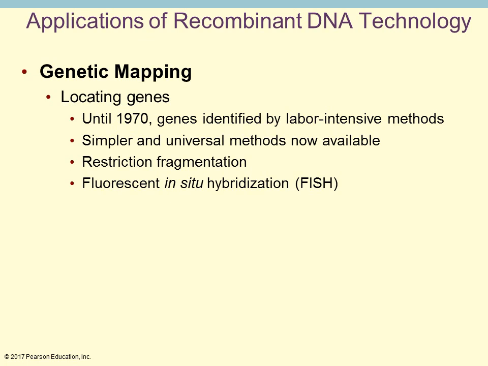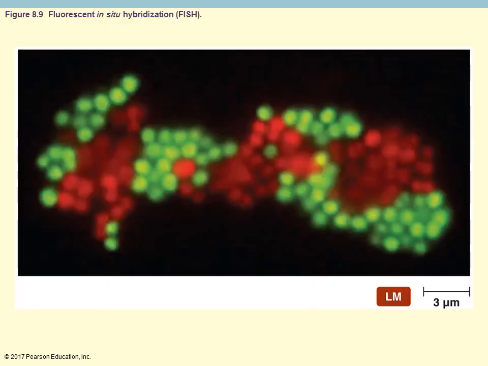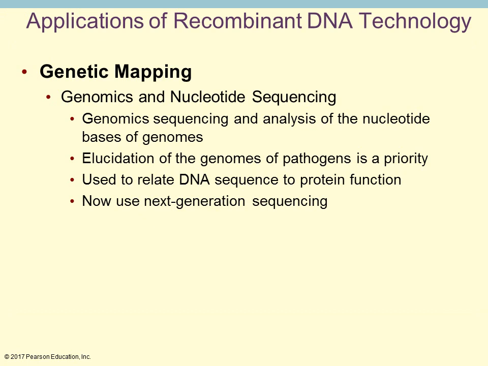There are universal methods used now. It's much easier to do since they found restriction enzymes, and they often use what's known as fluorescent in situ hybridization. As you can see, they use fluorescent dyes, which give you an idea where various things, various genes, are located.